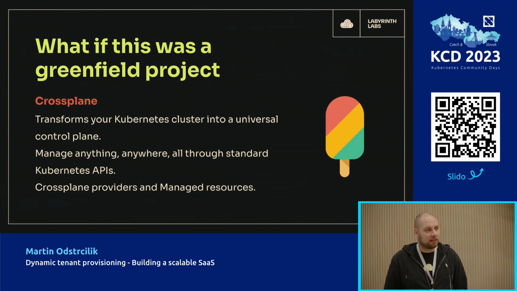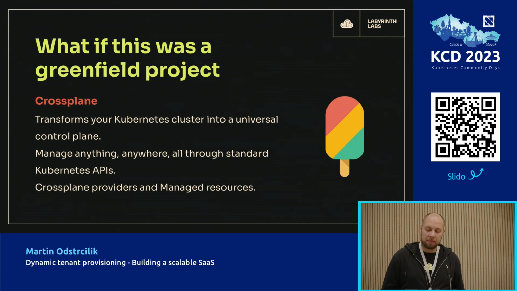Crossplane is basically Terraform within Kubernetes. So you can create some cloud database like AWS RDS by just specifying a Kubernetes resource with some proper CRD from the Crossplane. And from that point on, Crossplane will manage this resource lifecycle.